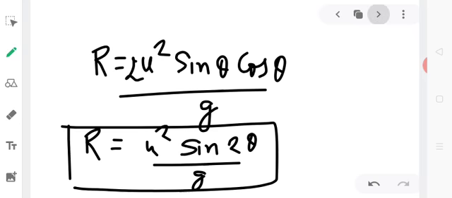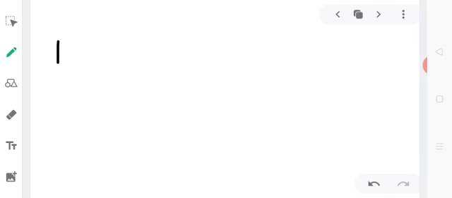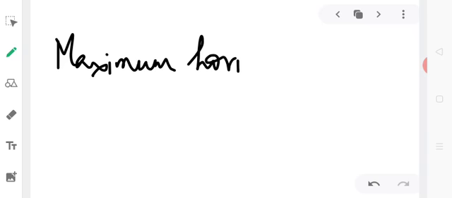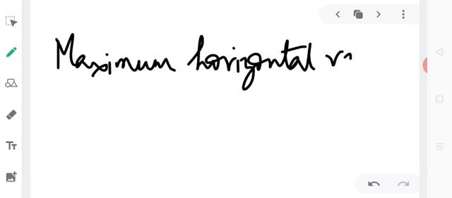So this is the expression for horizontal range. Now let me tell you, for maximum horizontal range, for a given speed u of the object, the value of horizontal range depends upon angular projection theta, as g is constant at a place.